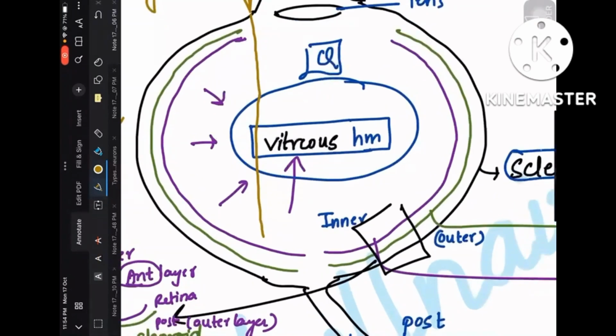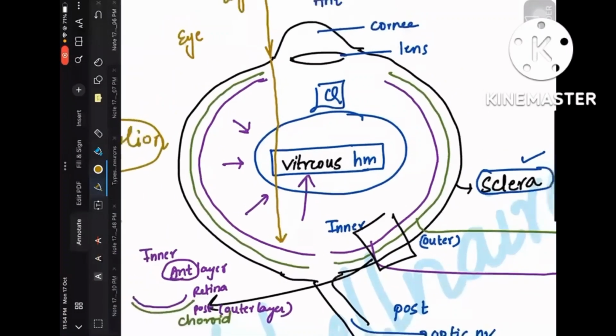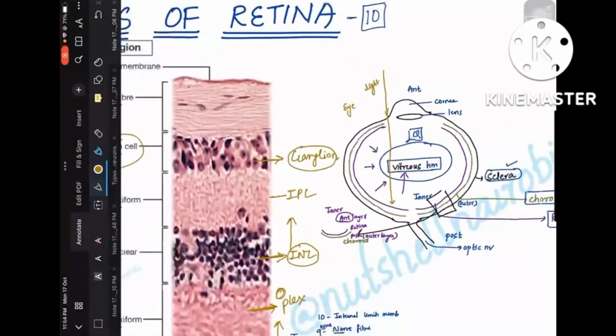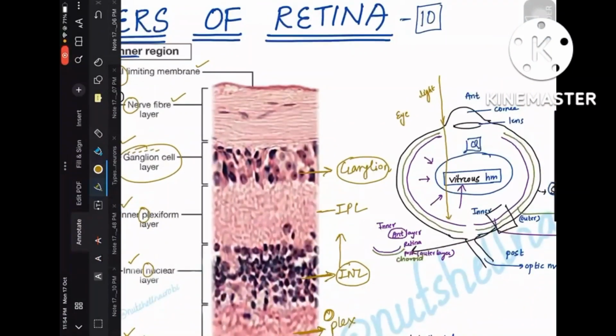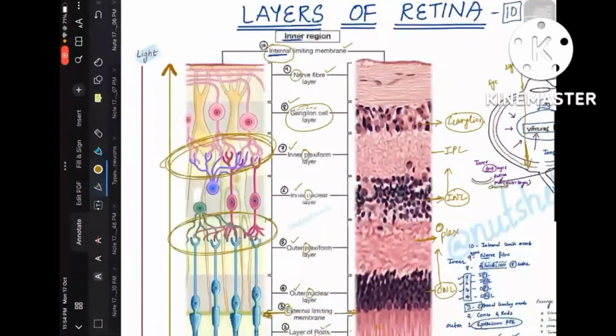So which layer is present in the innermost region of the retina? The innermost region of the retina has the internal limiting membrane, and then light passes through the nerve fiber layer. So it goes in this direction, from the vitreous towards the retina. So that is what is given here.